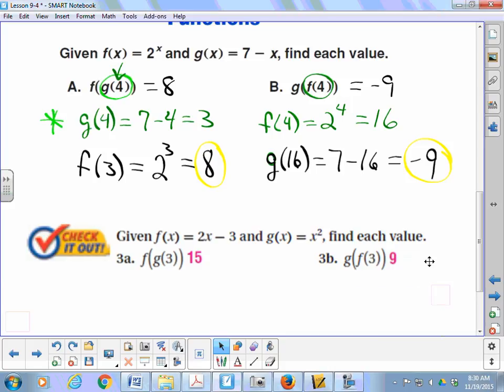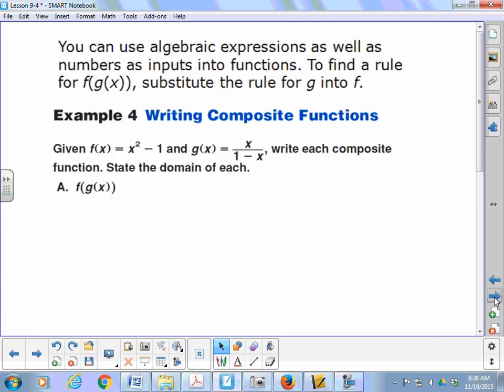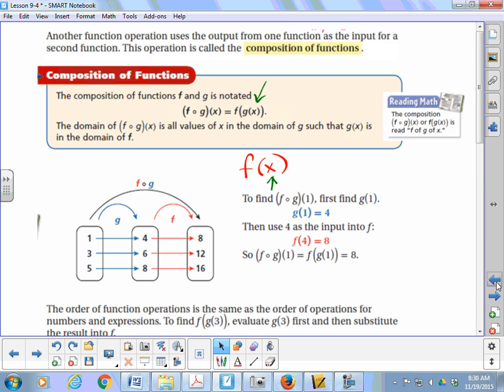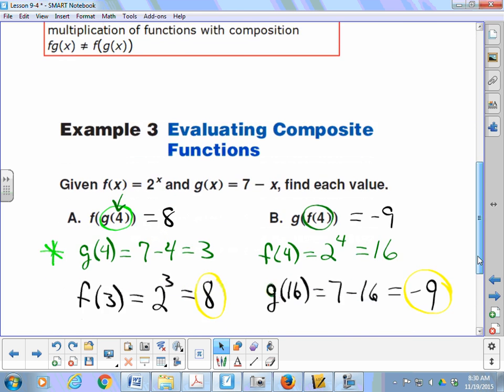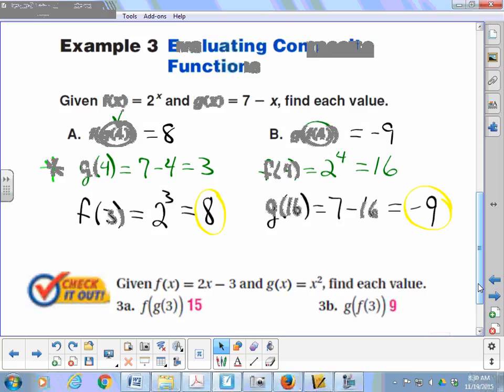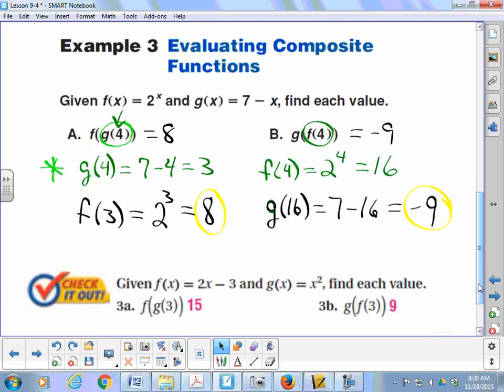Okay. All right. So you can also use algebraic expressions as well as numbers as inputs into functions. What this means is that instead of working with just numbers like we were doing here, plugging numbers in and evaluating, we're going to take the whole function and plug it in for x.